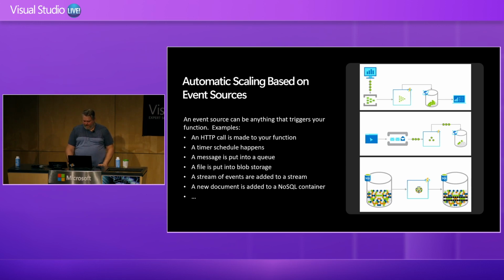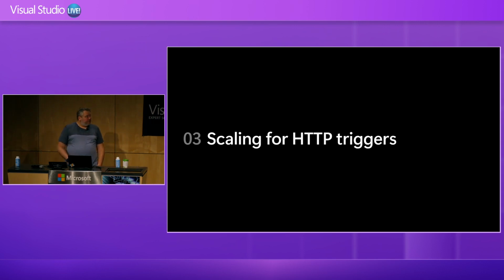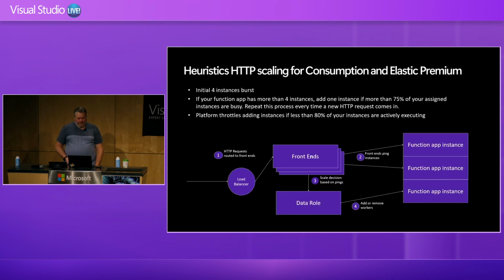All right. So let's dig into scaling for the HTTP triggers, which is a great topic. So the way it works for the Consumption and Elastic Premium plan is that when there's an influx of HTTP calls, it will create a burst of 4 instances first, but then beyond 4 instances, those front ends that we have will be pinging the instances of your app to check if they're busy or not, how busy they are.